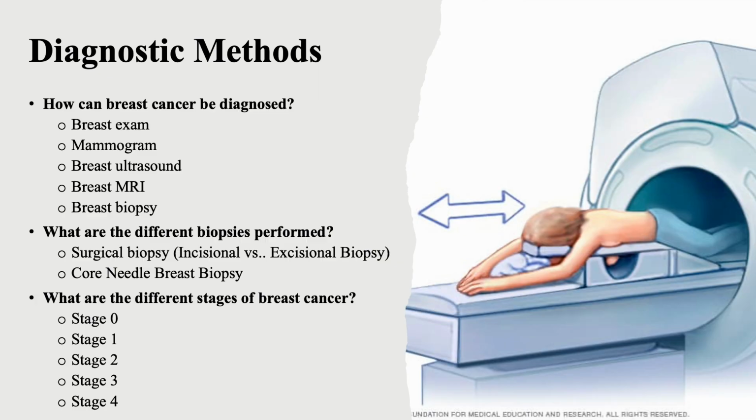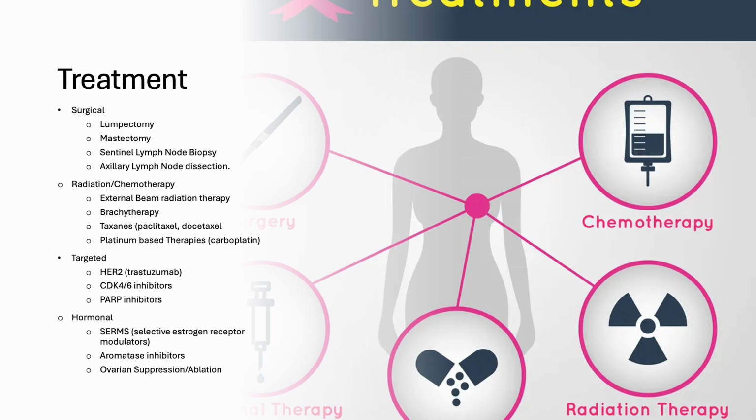Stage 3 breast cancer is referred to as locally advanced breast cancer because it is found in nearby tissue and lymph nodes. And stage 4 breast cancer has spread from the breast to the liver, the lungs, the bones, or the brain.